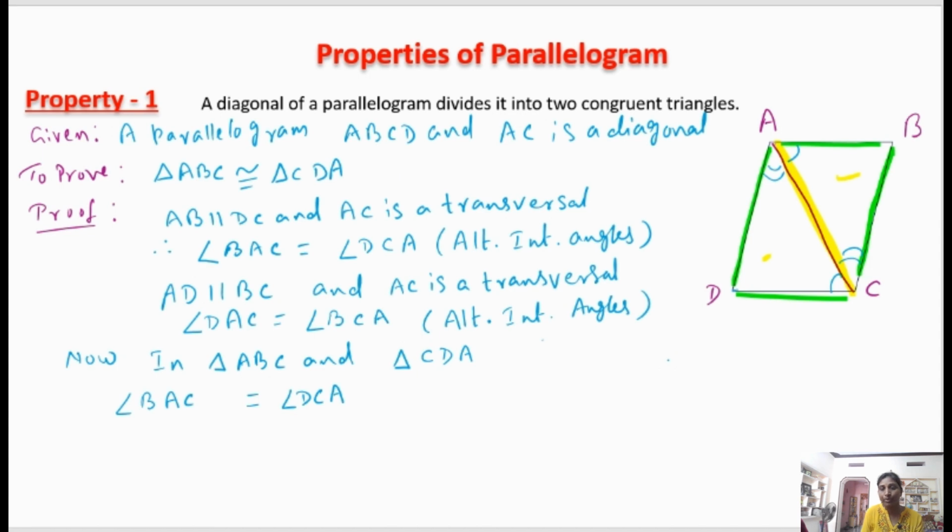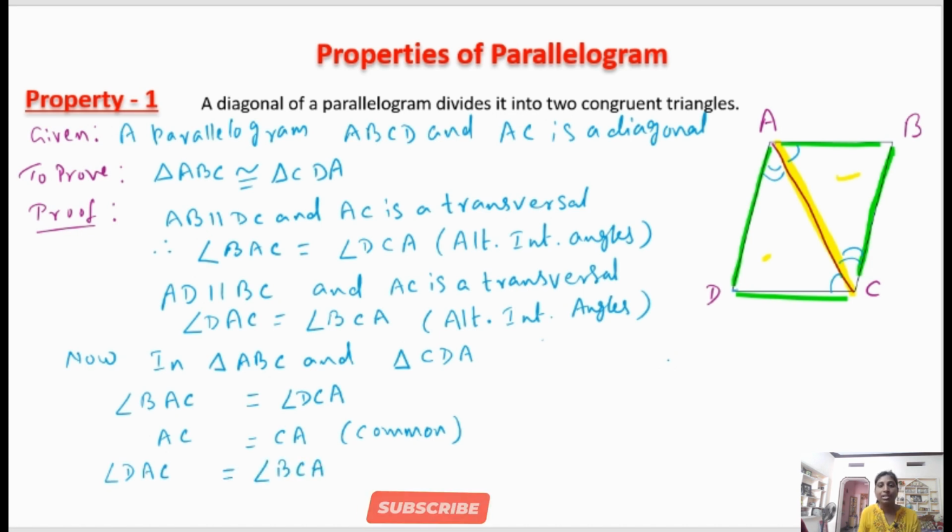We have already proved this. And AC is equal to CA, common. Okay, this is common. And angle DAC is equal to angle BCA. This one also we have proved above.